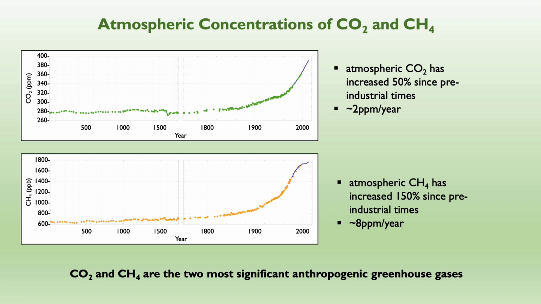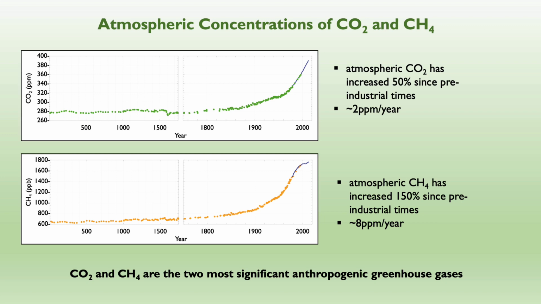And concentrations of methane are increasing at about 8 parts per billion per year. Although concentrations of methane are much lower in the atmosphere compared to carbon dioxide, methane has a much higher global warming potential compared to CO2. It's thought that currently the overall contribution of methane to the greenhouse effect is somewhere in the range of 10 to 15%. So a really significant greenhouse gas.